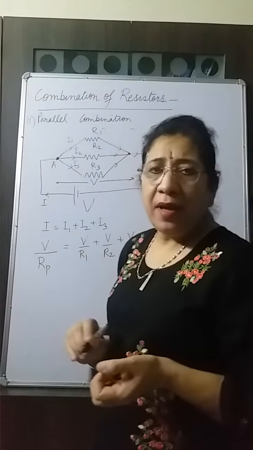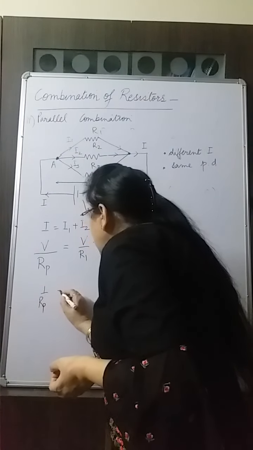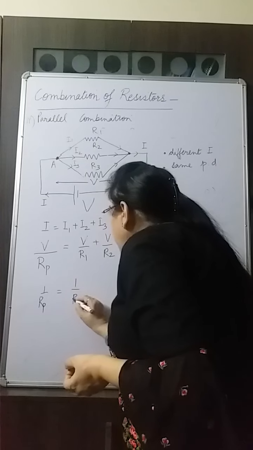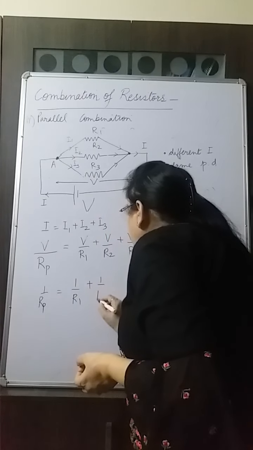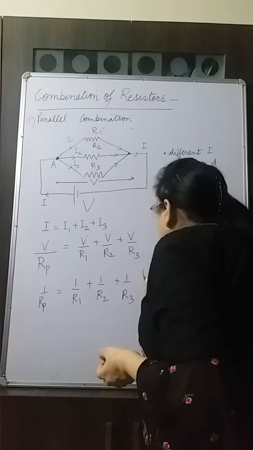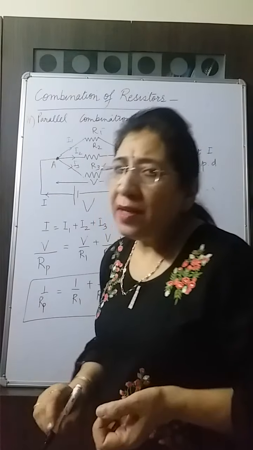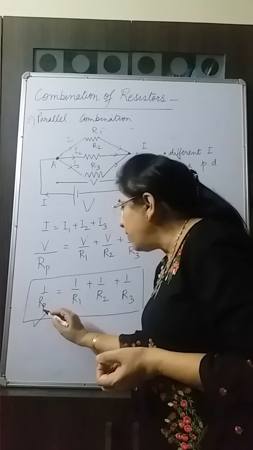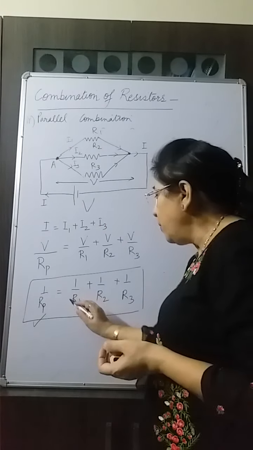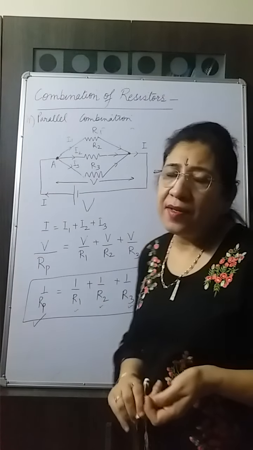Taking V common and cancelling, we will get 1 by Rp equals 1 by R1 plus 1 by R2 plus 1 by R3. So in parallel combination, the reciprocal of the equivalent resistance is equal to the sum of the reciprocals of individual resistances.